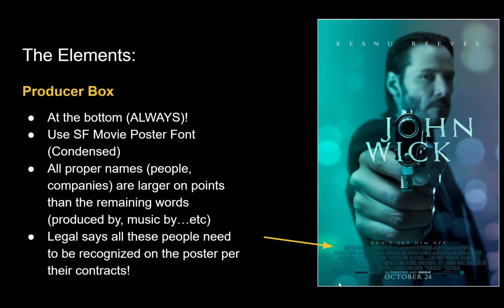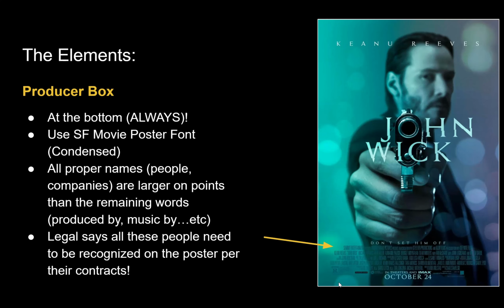It is in the contract with the actual film company, with the actors that are the leads, with the music people, with the set designers, with the directors. There's people that get billing that have to have their name on the official movie poster. And all of this legal stuff has to be on there.